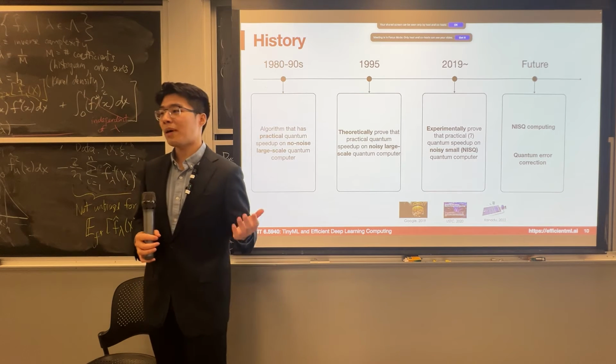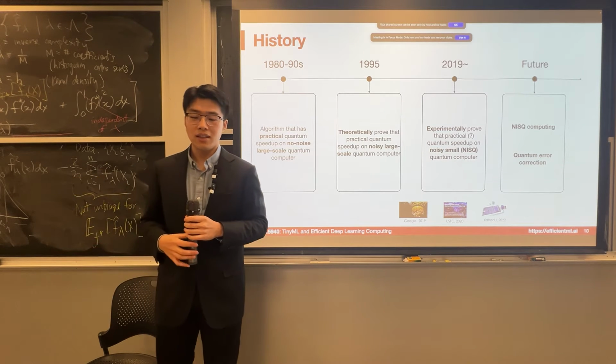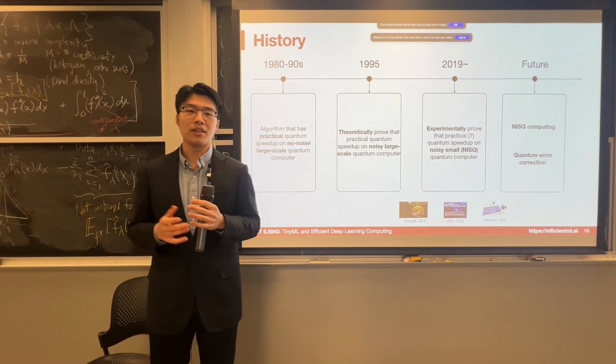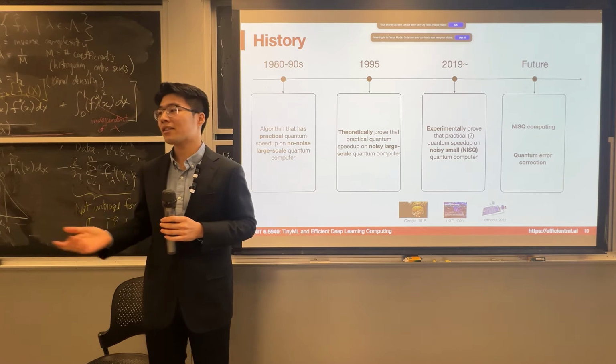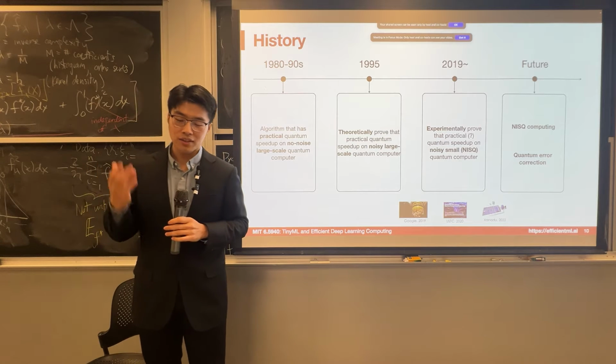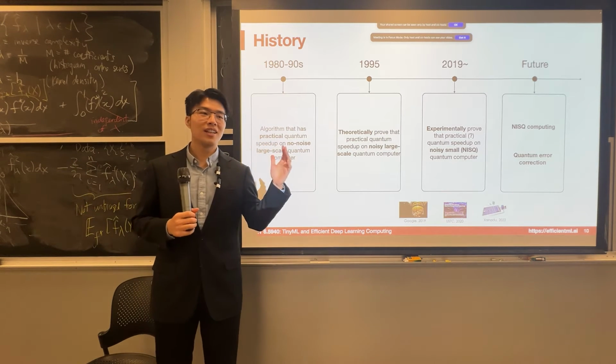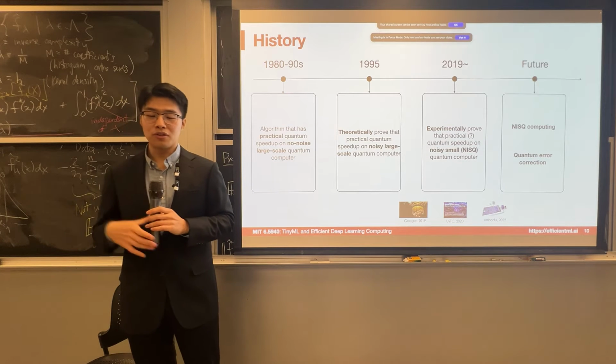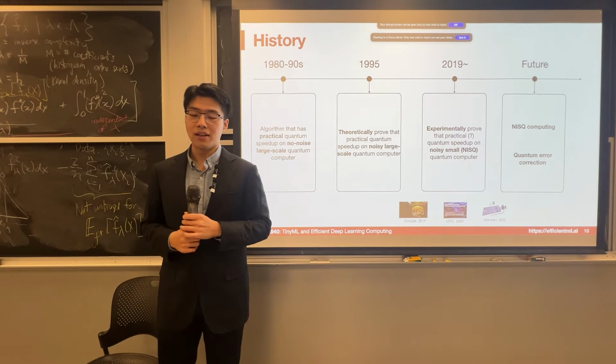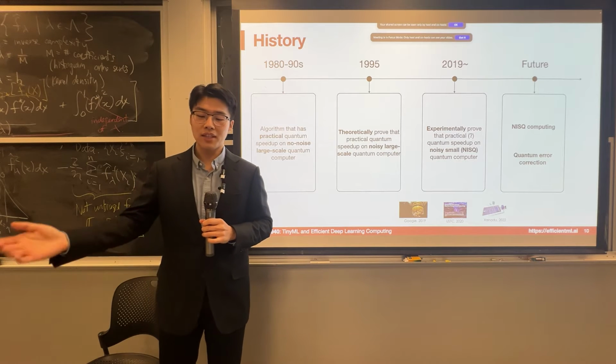But looking back at these 20 or 30 years of development history, it's pretty clear that we have two paths forward, right? The first is that we just use the current machines, the current noisy intermediate-scale quantum machines, in a bare-metal format, and we try to find some smart algorithm to prove some advantage. That's NISQ computing.